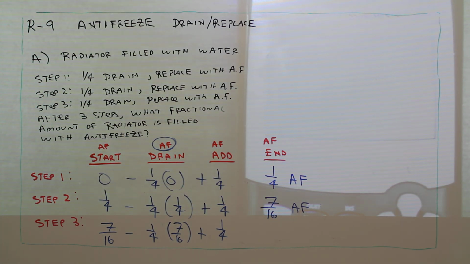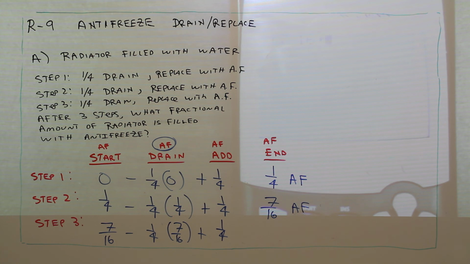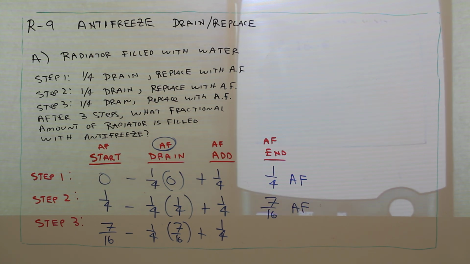All right, so I'm going to go parentheses, 7 divided by 16, end parentheses, minus 1 divided by 4 multiplied by 7 divided by 16, plus 1 divided by 4.